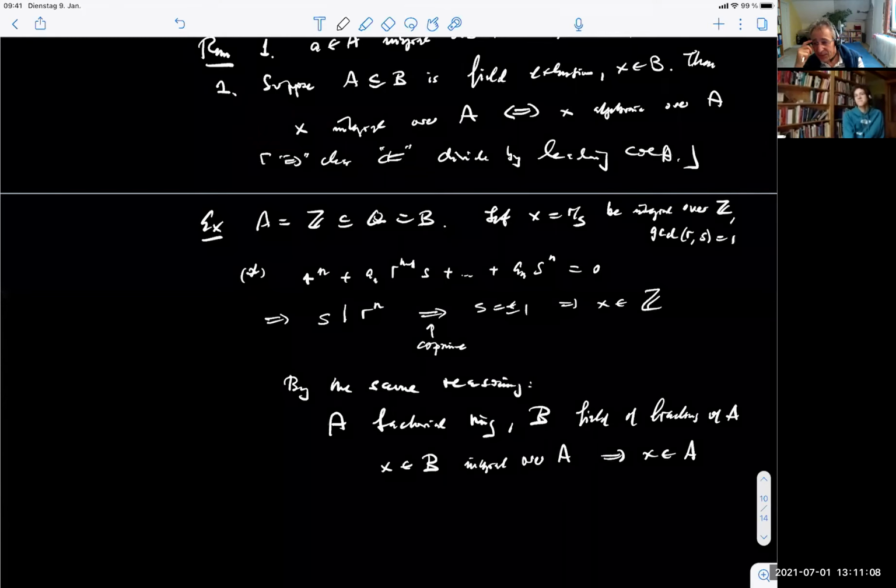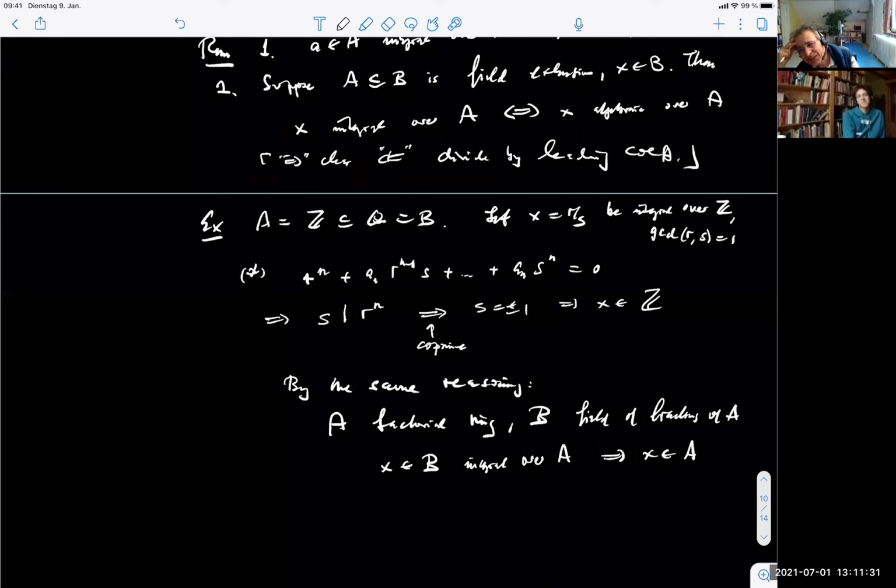What is important? Tower law. Can you say it louder? Maybe the tower law. Oh, tower law. What is the tower law? It sounds good, but what is it? It has to do with some kind of degree of extensions.